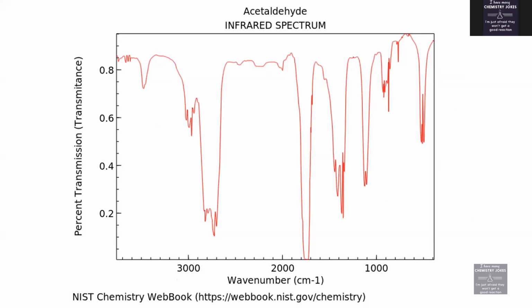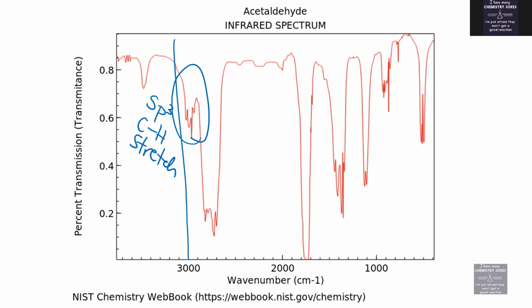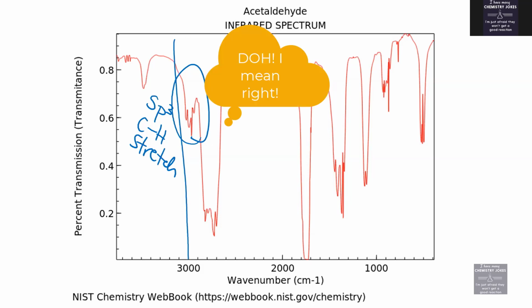So here is the IR of acetaldehyde. I know we didn't name that molecule, but it's the one we just saw. So acetaldehyde has, as expected, just to the right of 3000, a grouping of peaks. And that grouping of peaks is sp3 CH stretches. Aldehydes also have a unique stretch that shows up to the left of those.